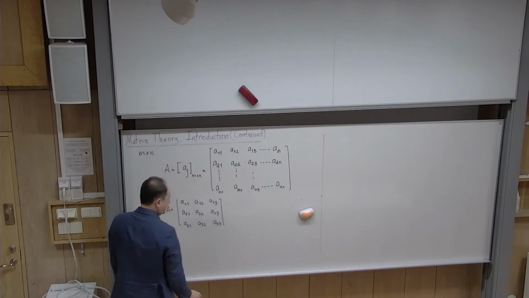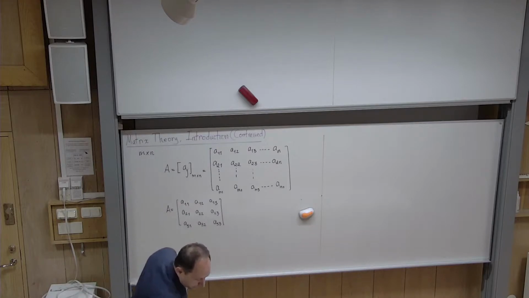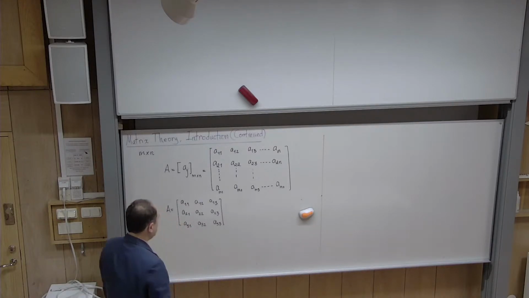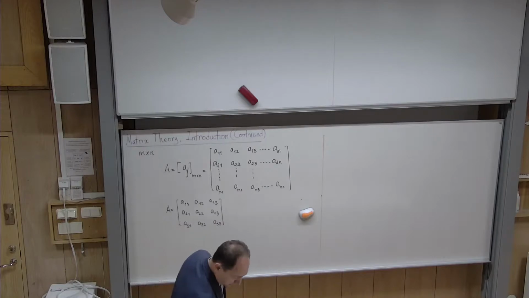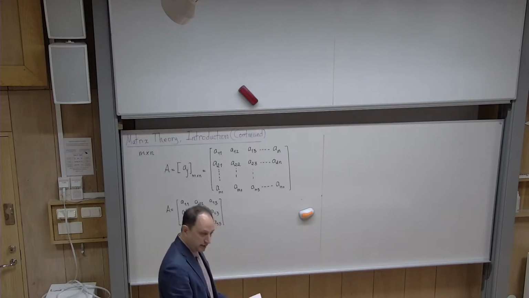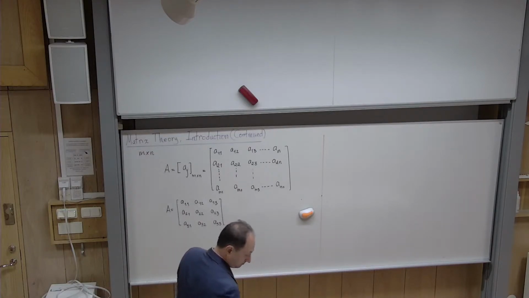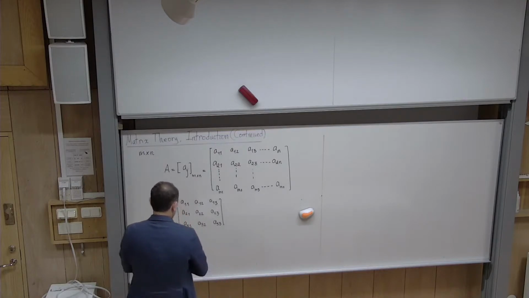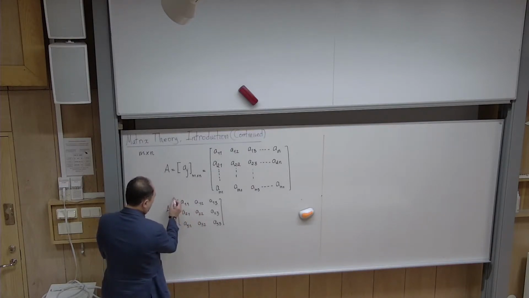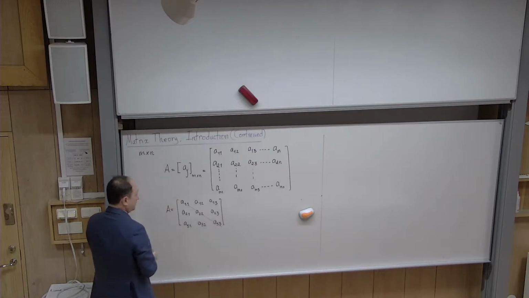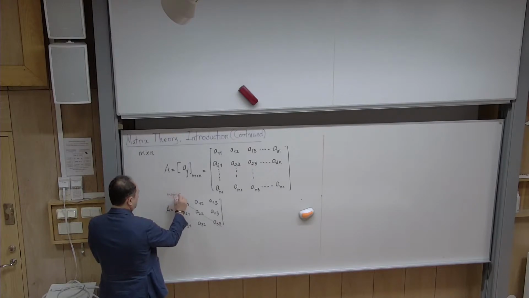Okay, so I told you that if you have a square matrix, then you can talk about diagonals: main diagonal and minor diagonal, or major diagonal, minor diagonal. So what we say is the entries here are called the entries on the main diagonal. Major diagonal, yes.